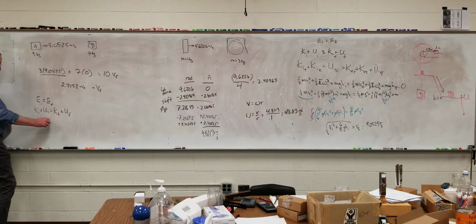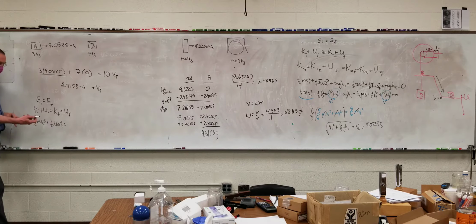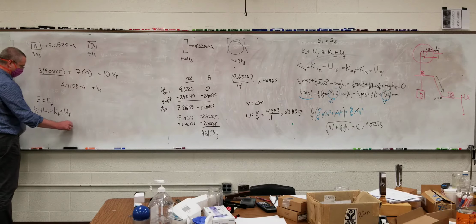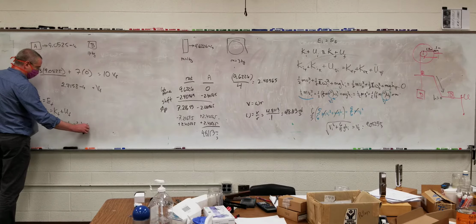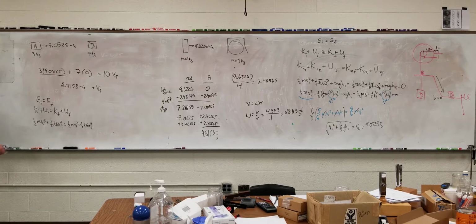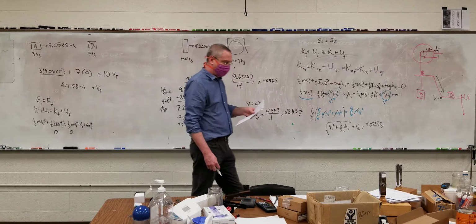So 1/2 m v initial squared plus 1/2 K delta x squared initial is equal to that, except final: 1/2 m v final squared plus 1/2 K delta x squared final. Well, that's 0, and that's 0. I know the final speed is 0 because it's maximum compression.